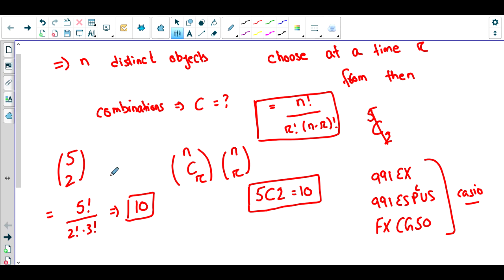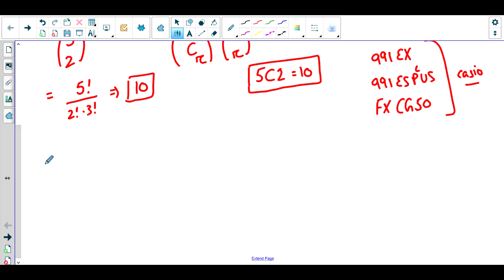Now keep this thing in mind about the combinations, how we can find it. Our question is how we can solve (a plus b) to the power n. Like if we have n factors of (a plus b) multiplying, how can we expand it?